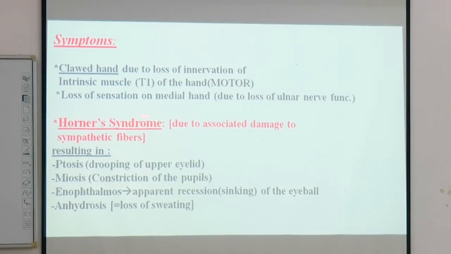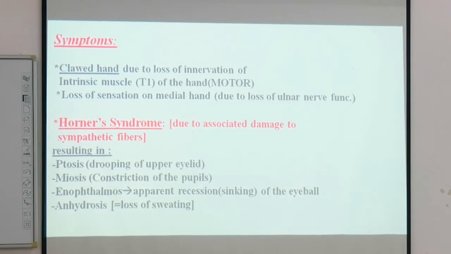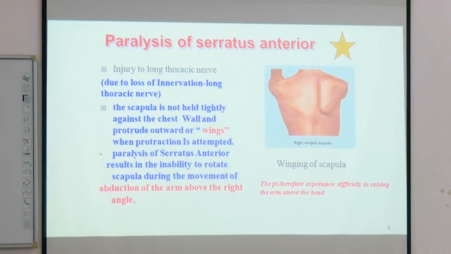So, at this level, we stop our discussion here about the claw hand and the sensory and motor loss in Klumpke's paralysis. Horner syndrome, we let go for now. We will come back to it in the next session. So, this is about the true hardcore brachial plexus injuries involving the cords.